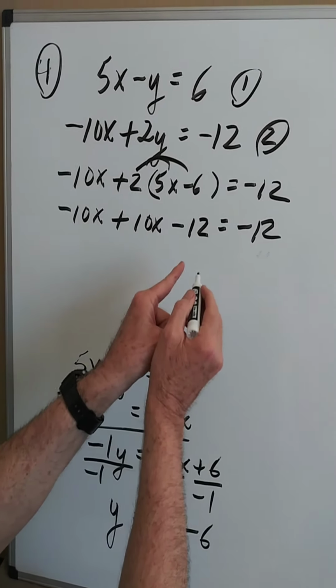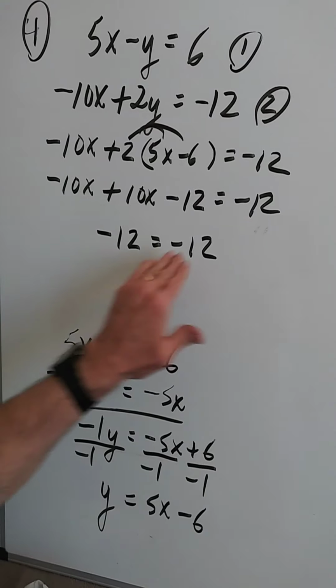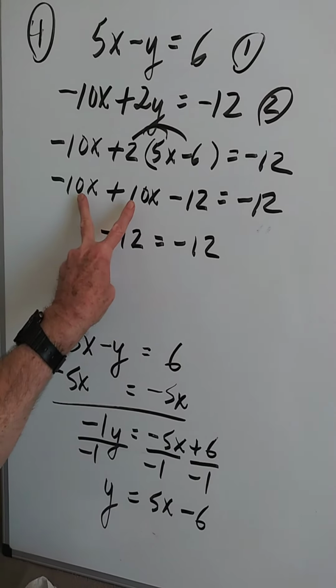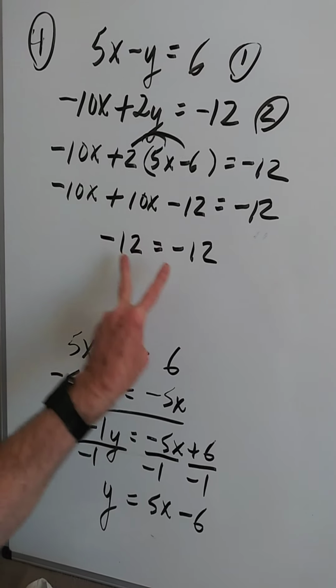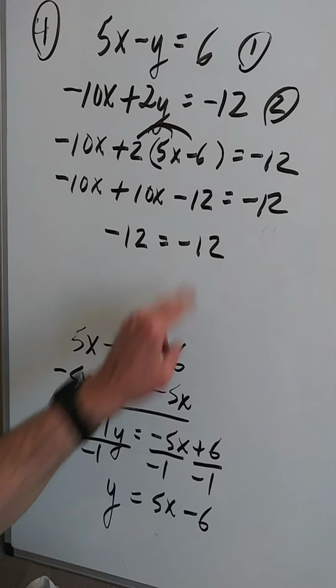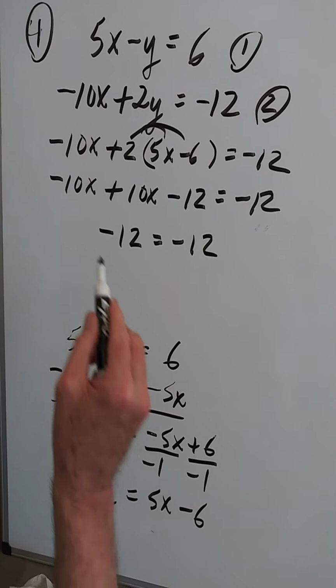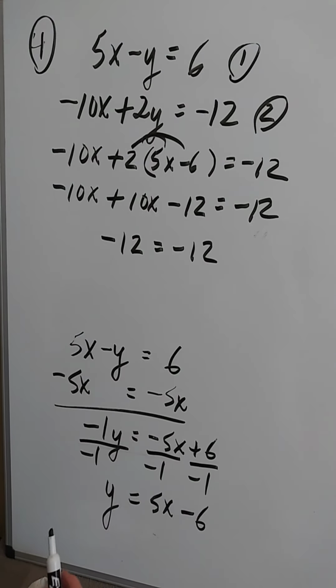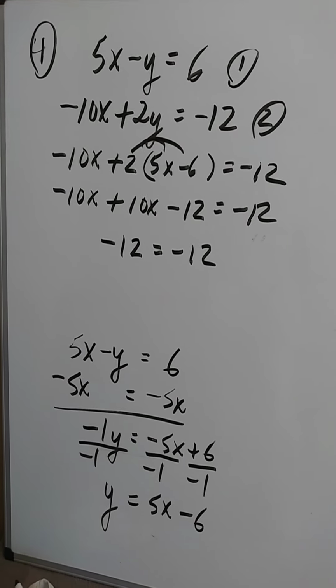Now let me take you back to chapter 3, when we were solving an equation in one variable, and the variable terms canceled out, and we ended up with a numerical statement that was true. This is true. Negative 12 equals negative 12. Rule: when the variable terms cancel out and you end up with a true numerical statement, that indicates this system has an infinite number of solutions.